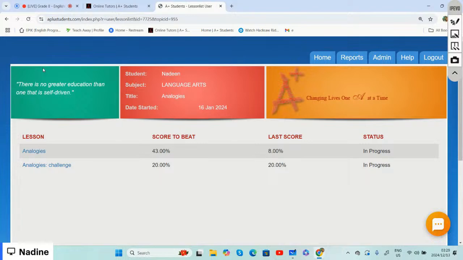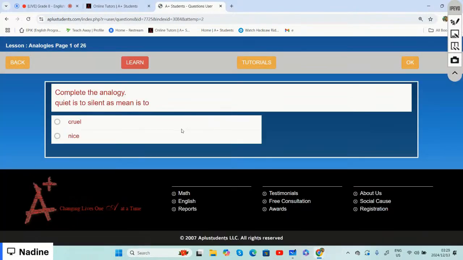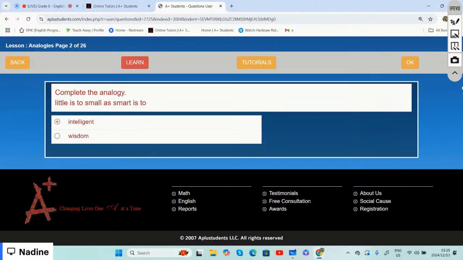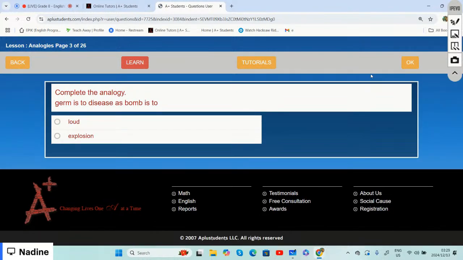All right, so we basically went over a few words. Sorry, let me just quickly go back to where I stopped. So we said smart is to intelligent. Then germs, right? Germs is to disease, meaning it causes disease, as bomb is to what?